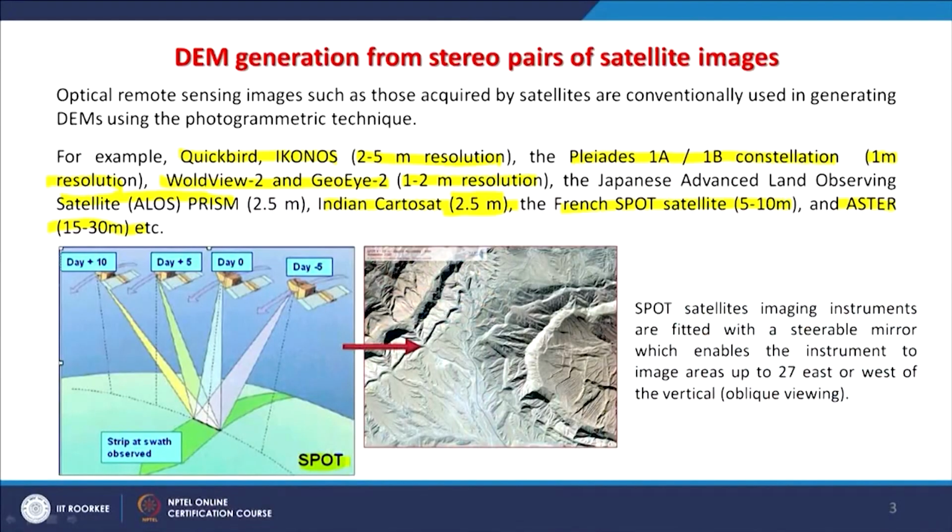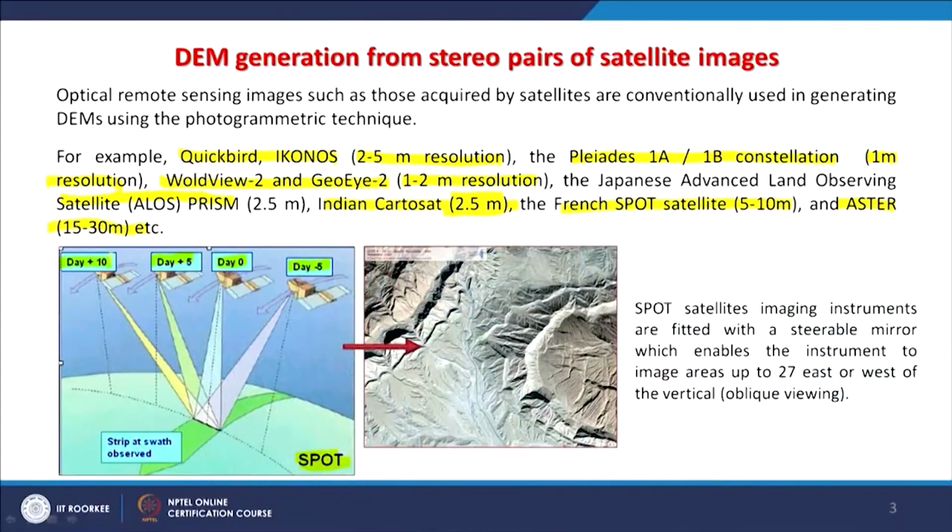Now, in case of SPOT, this is how the stereo pairs were used. Here the example is given that on day 0 it was acquiring the same part of the land as 5 days before, or 5 days later, or 10 days later. So, if you have multiple coverages of the same area at different angles, then generating stereo pairs is not difficult.